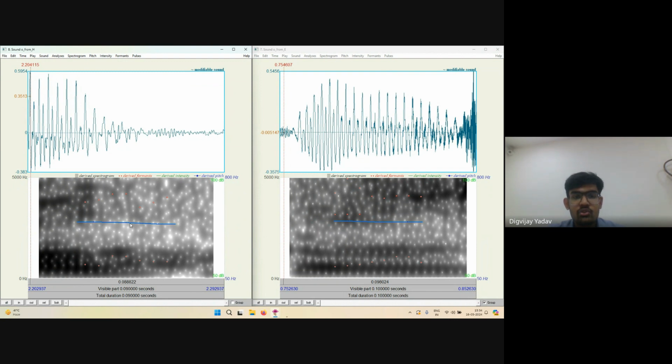So the pitch seems to be the same, 2743 hertz as well as 2493. Somewhat the pitch might be a little bit up and down. 100 or 150 hertz up and down would be considered the same. So the first formant here lies roughly around 800 to 900 hertz, and the first formant here also lies between 900 to 800 hertz.